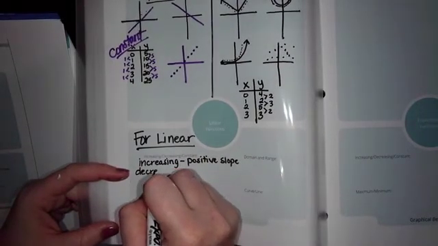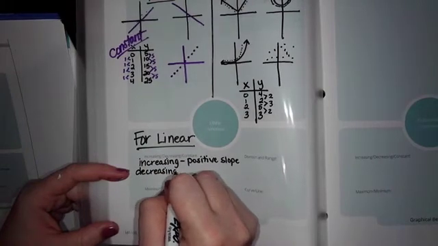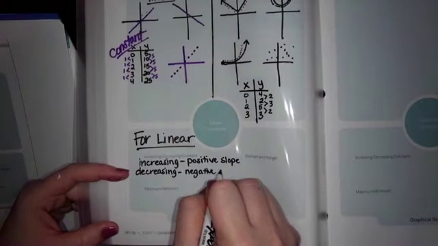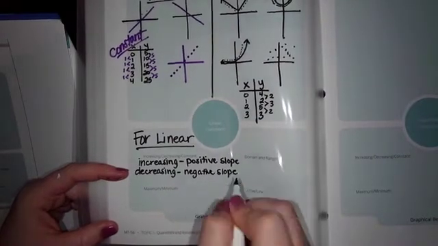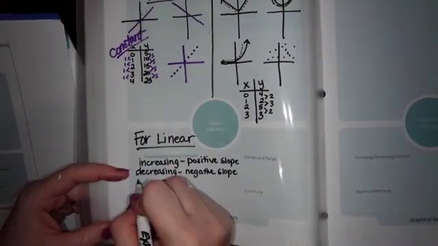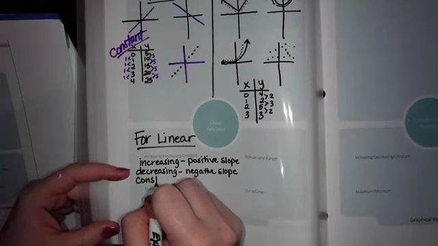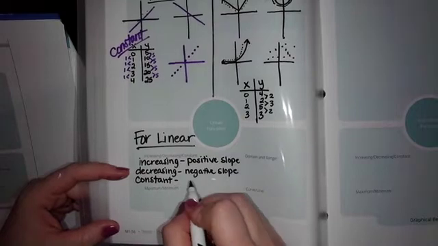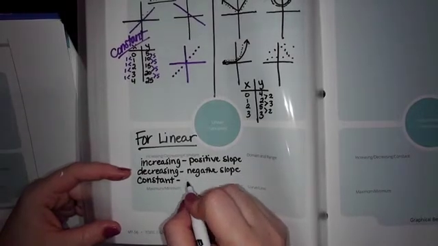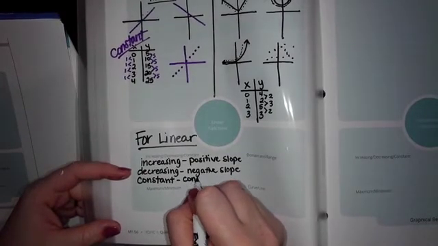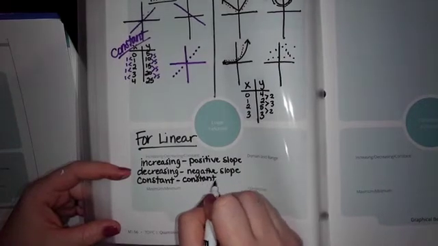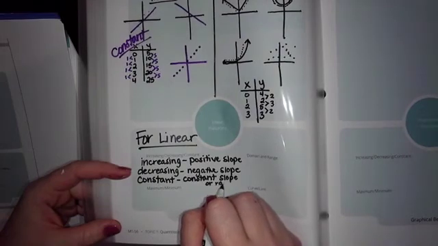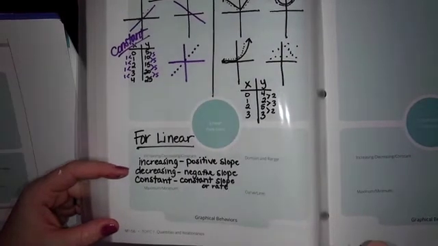Decreasing is a negative slope. And then constant, it's right there. That's where we use the constant slope or rate. Okay.